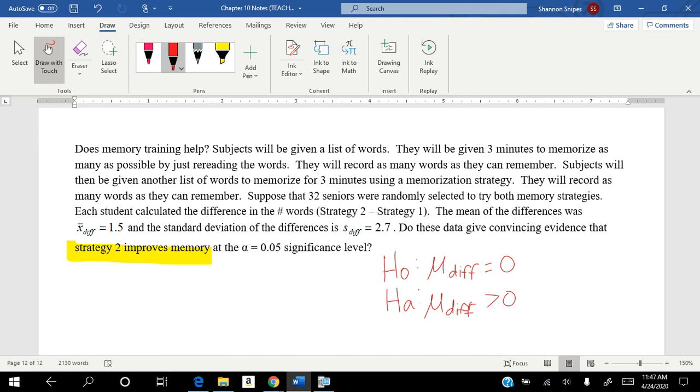But this was an experiment, and was the treatment randomly assigned? I think I would need more information to be 100% certain that the random condition was met. And if you saw a problem like this on your AP exam, you would write exactly what I just said.